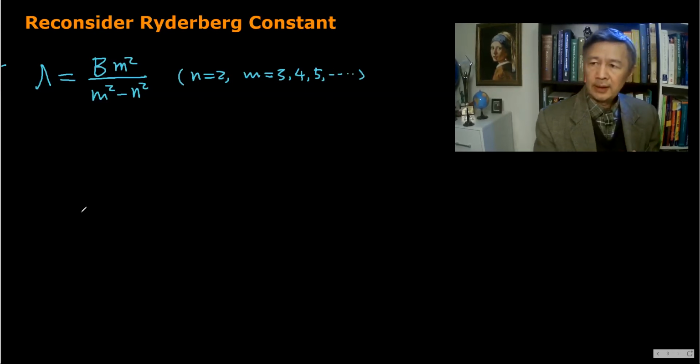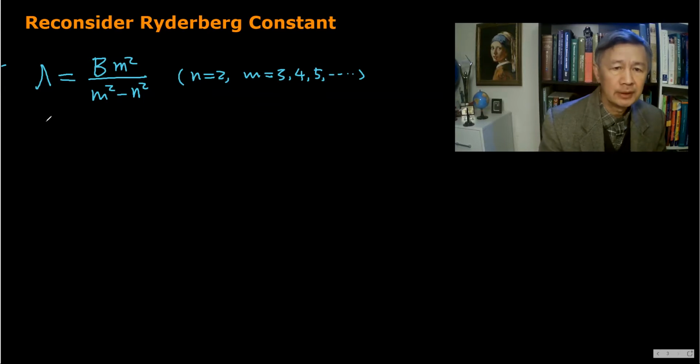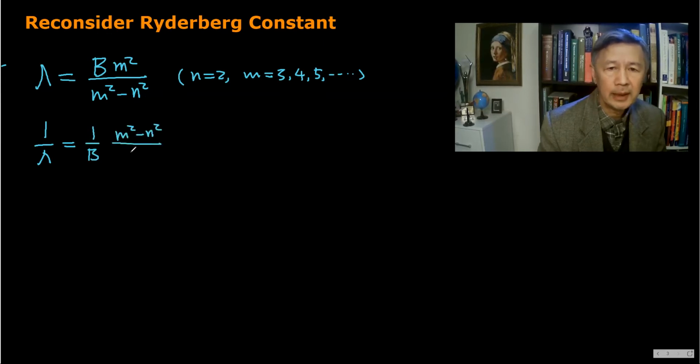What Rydberg did first is to rewrite the formula in its reciprocal form. So he wrote 1 over lambda, and this side will be 1 over B, times m squared minus n squared divided by m squared. This can be simply rewritten as 1 over B, times 1 minus n squared divided by m squared.